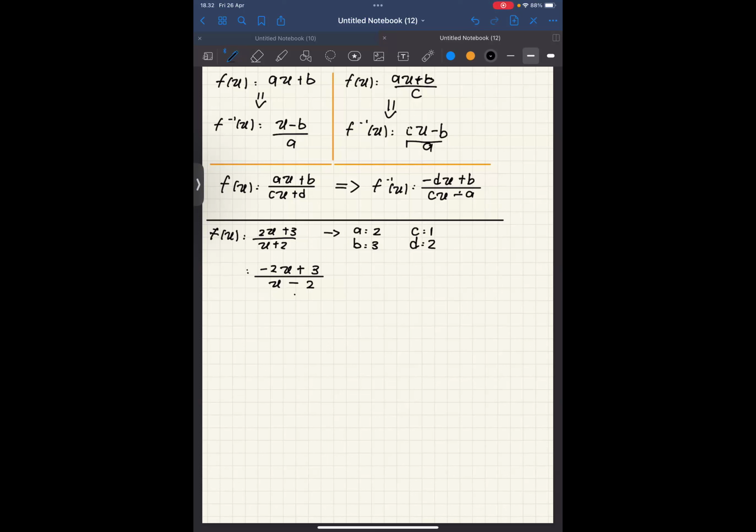This is an easy way if you want to remember this one, but there's also another way to find the inverse of the functions. The other way is quite complicated compared to this one. So for instance, we are changing the f(x) to y. So y equals 2x plus 3 over x plus 2.